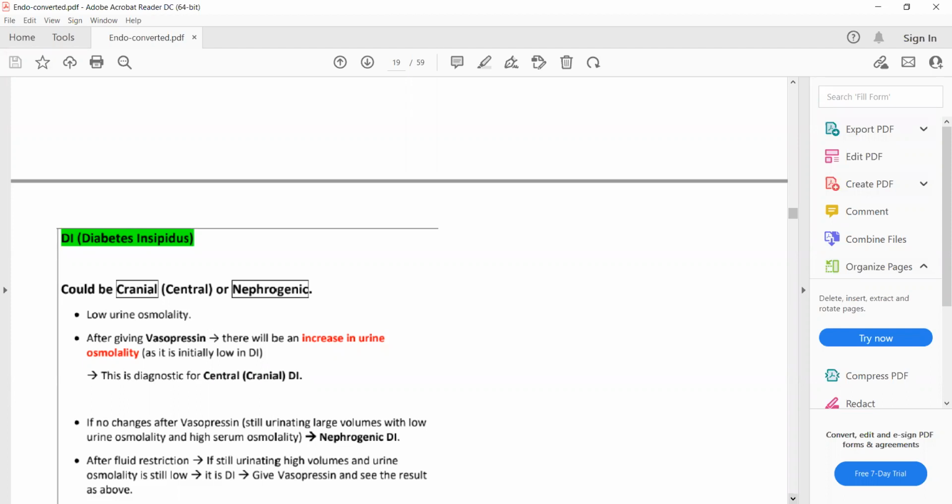Is it clear to everyone? The initial investigation is urine osmolality or fluid deprivation test. Any of them can be the right answer. And the test to differentiate between cranial and nephrogenic diabetes insipidus is the vasopressin test.